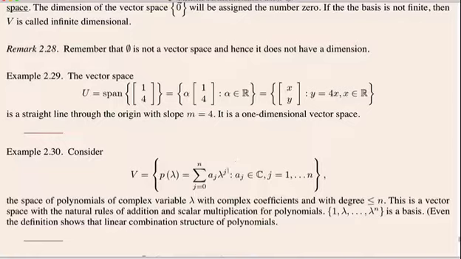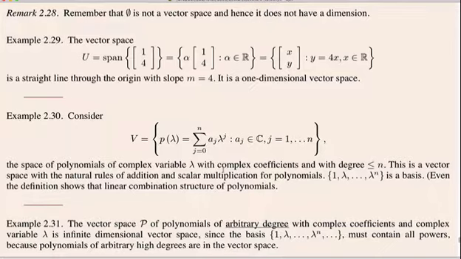We looked at it before, and you can see that 1, lambda, lambda squared, all the way up to lambda to the n is a basis. Even the definition here shows that what we have is the linear combination of all the basis elements from the 0 power, which is just 1, to the nth power of lambda.